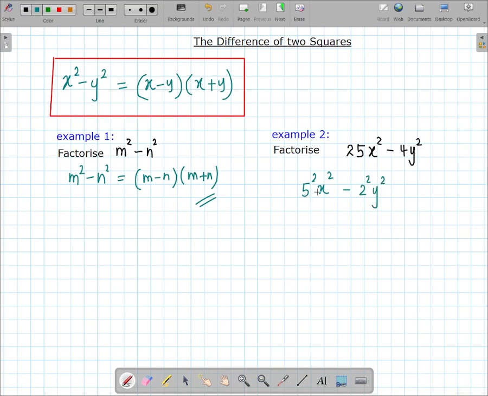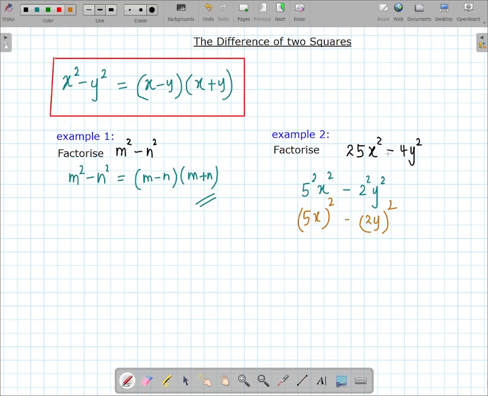Then this means (5x) to the power 2 minus (2y) to the power 2. Now this is a difference of two squares.